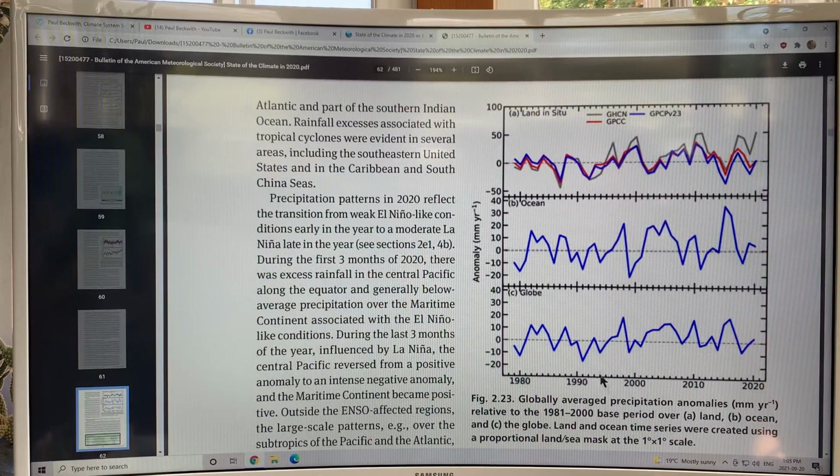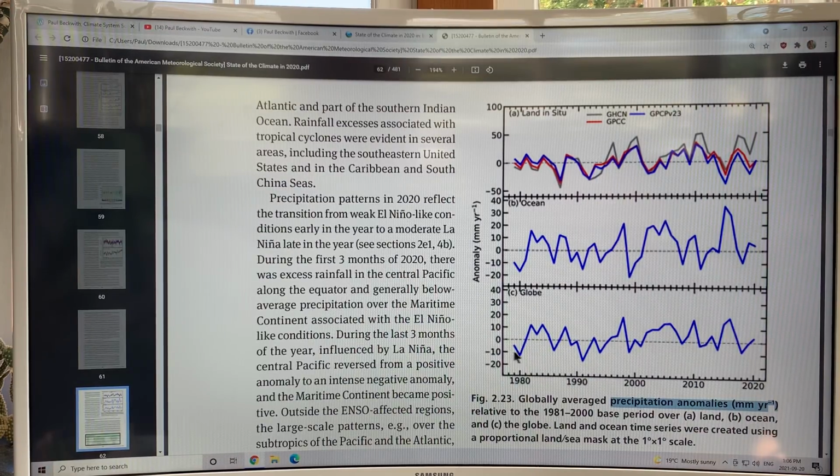This is the globally average precipitation anomalies in millimeters per year. So there's not much change. This is the land, this is the ocean, this is over the globe. There's not too much change. I mean, you could argue a slight upward trend. If you did a best fit line, this is a zero line, more of the curve is above the line than below in this region.